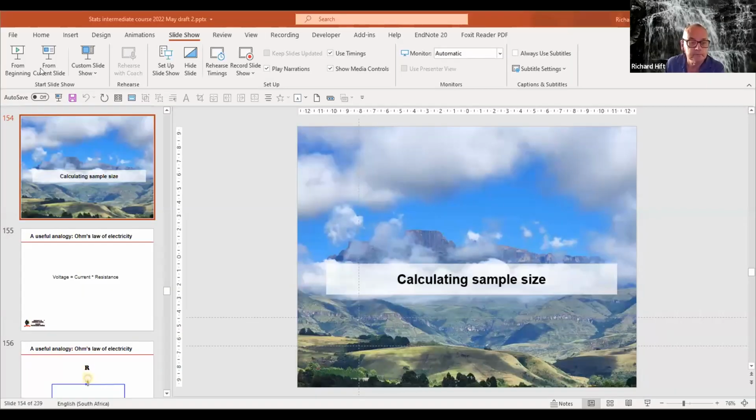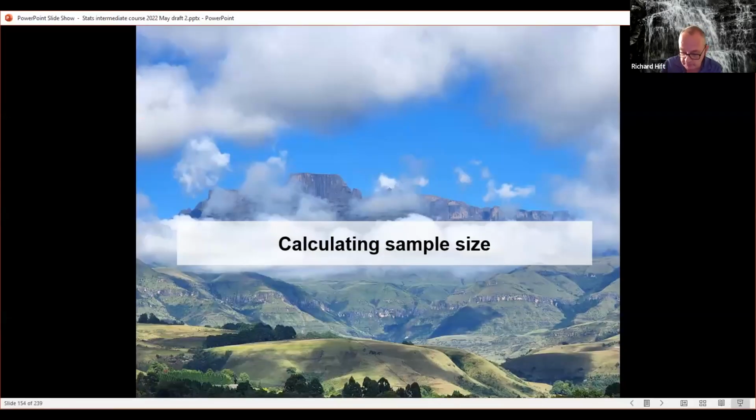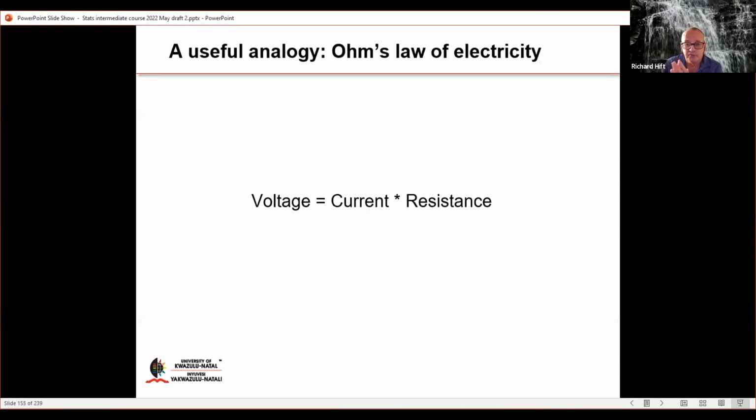So let's go straight to a PowerPoint presentation then. Right, so this particular talk is titled Calculating Sample Size. First, I want to use a very useful analogy. Most of you will probably remember this, and if not, it shouldn't be too difficult to remind you of something that you would have learned in your first year physics, and in fact, almost certainly at school if you did physical science.